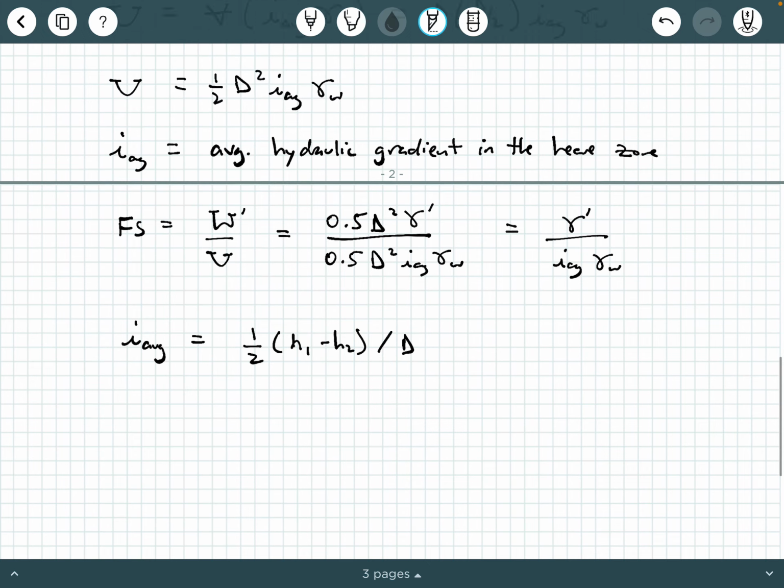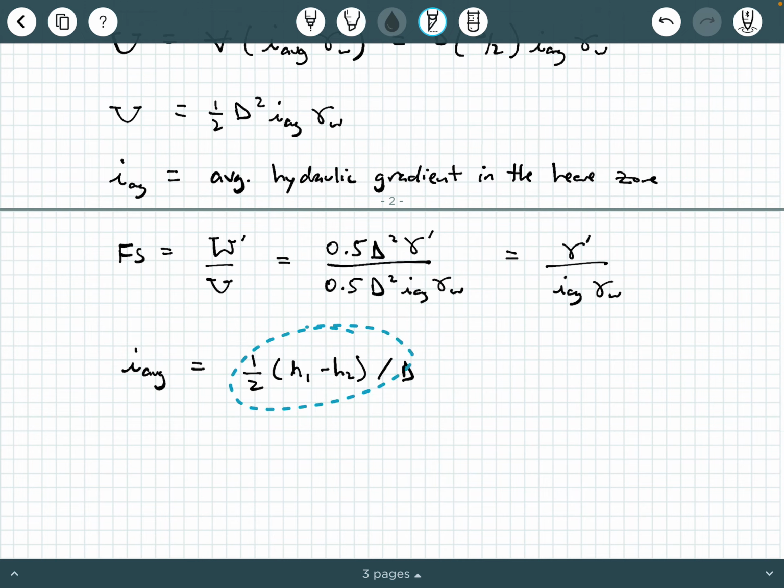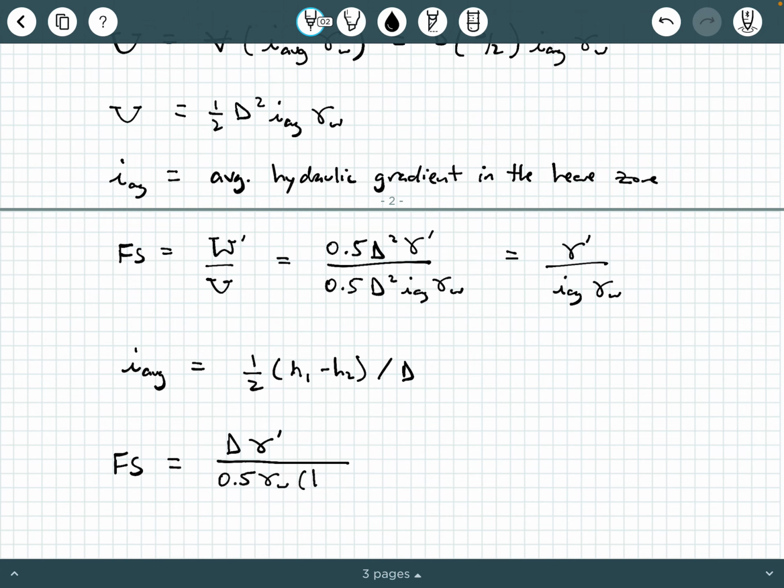All right. And so you can substitute this term into this denominator. And what happens when we do that? Well, some things rearrange a little bit, and we can get factor of safety equals D gamma prime over 0.5 gamma water times H1 minus H2 there.